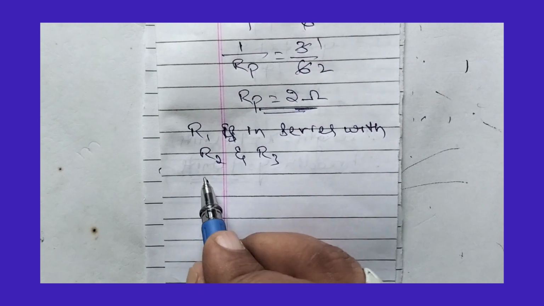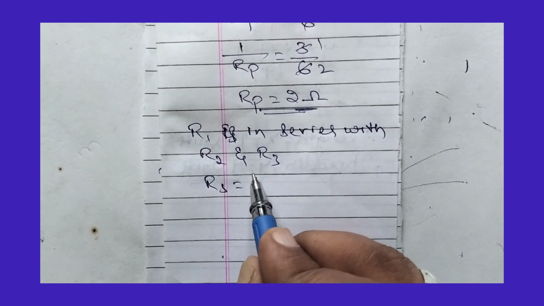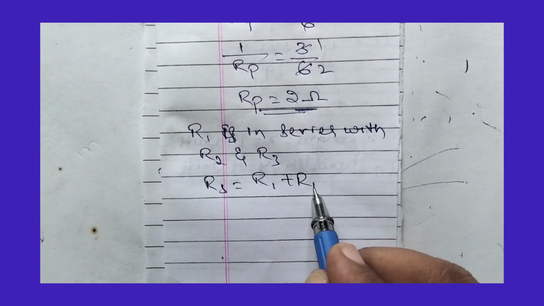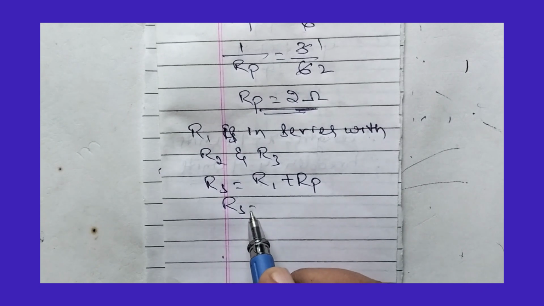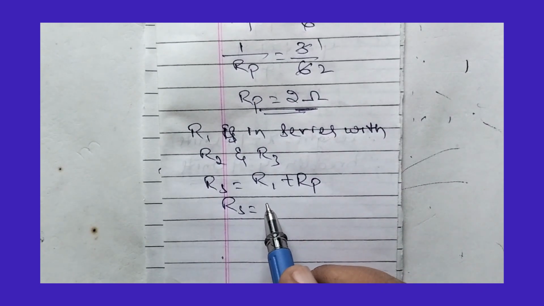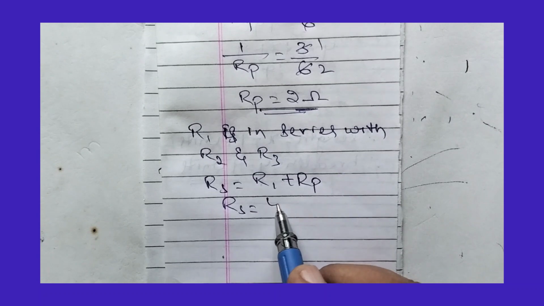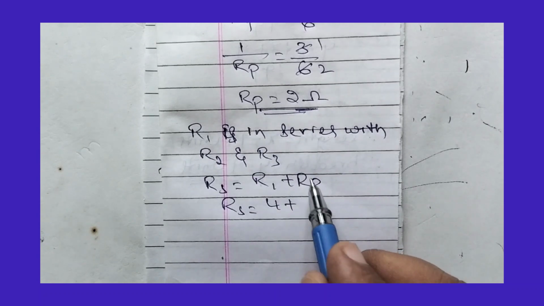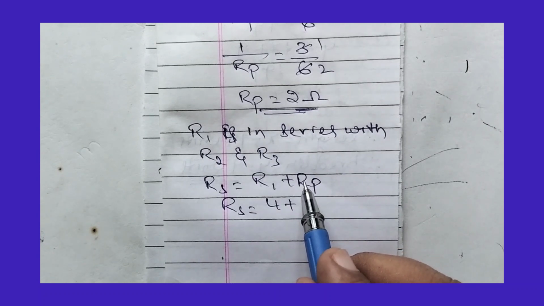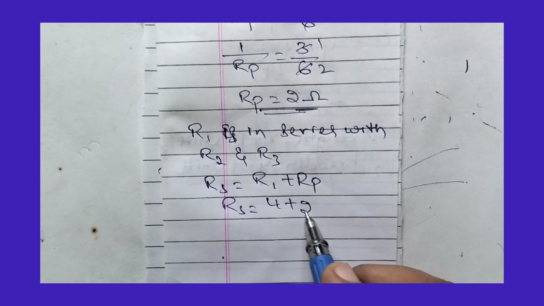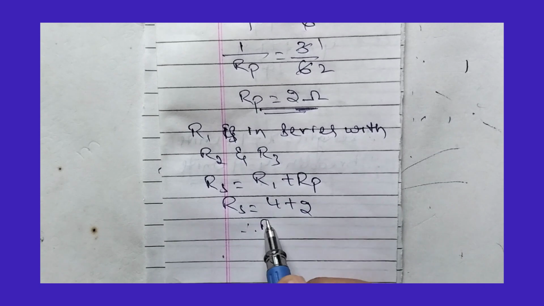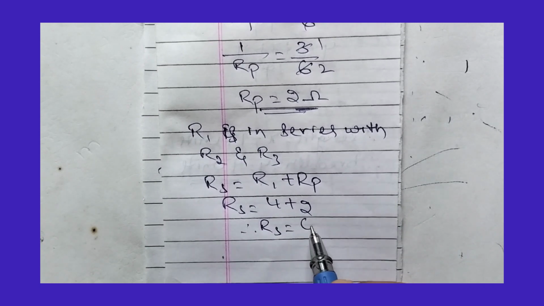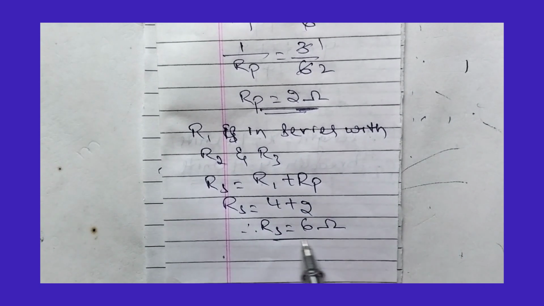Now let us calculate when the resistors are connected in series, Rs is equal to R1 plus Rp. We got R1 as 4 ohm plus the total resistance when the 3 ohm and 6 ohm resistors are connected in parallel, which is 2. Therefore Rs is equal to 2 plus 4, which is 6 ohm.